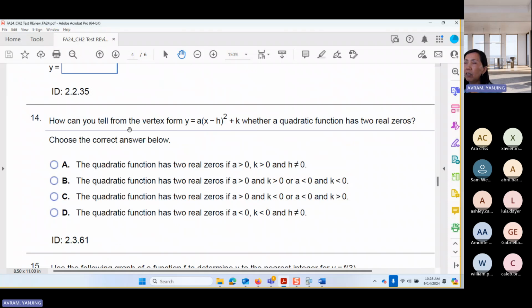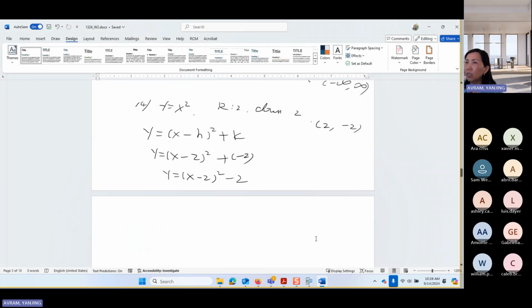Number 14: how can you tell from the vertex form whether a quadratic function has two real zeros? Well, we said earlier, if we have ax squared plus bx plus c, and b squared minus 4ac is greater than 0, you will get two real zeros.